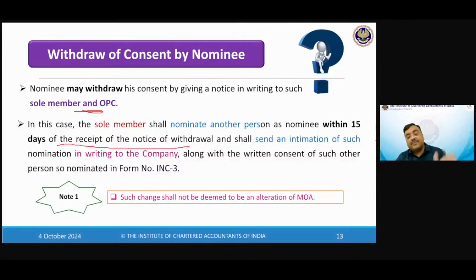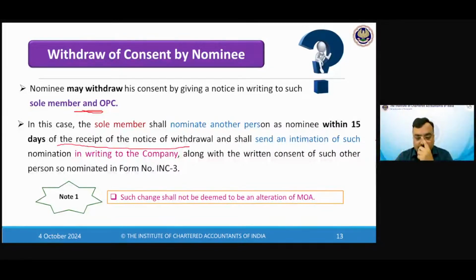And in this case, the member shall nominate another person as nominee within 15 days of the receipt of notice, and shall inform the company along with the prior permission of person who will be appointed as nominee in form number INC3.